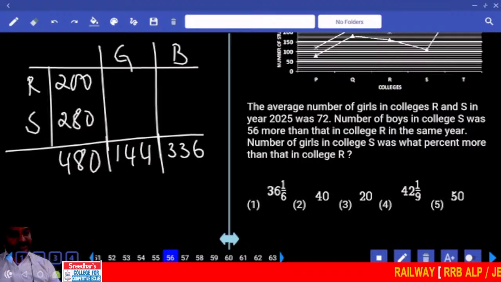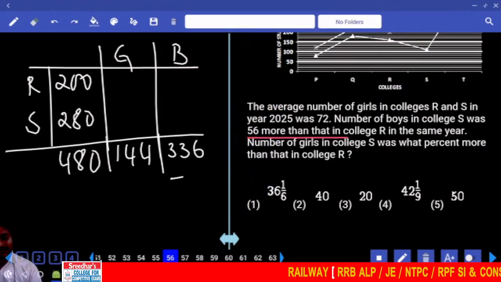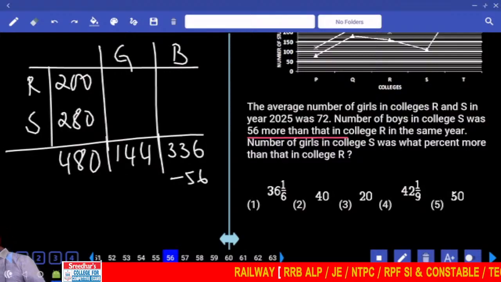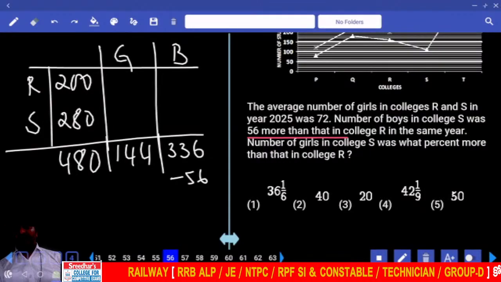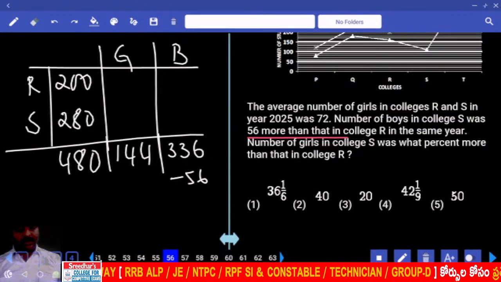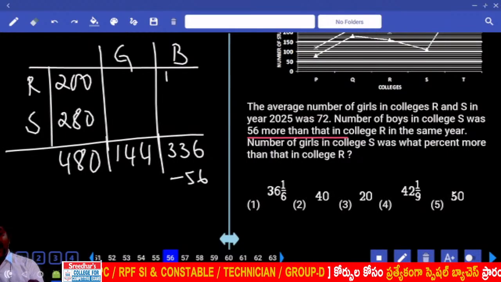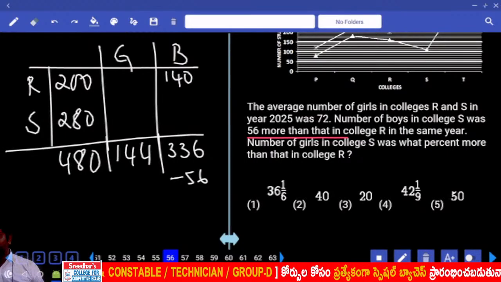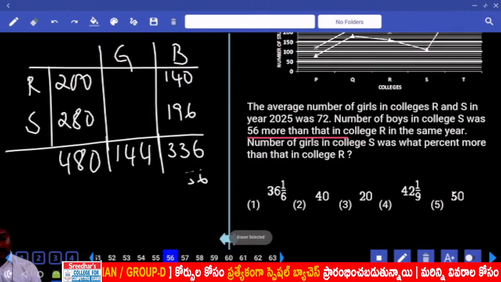Boys in S is 56 more than R. First subtract 56 from this number: 280. Let us equally distribute. Each gets 140. Who gets more? S. So R will be 140, S will be 56 more. Got it?